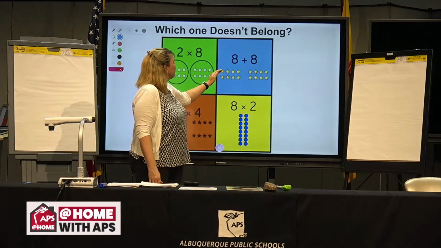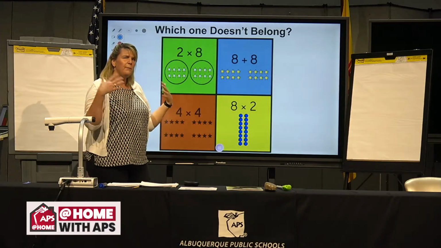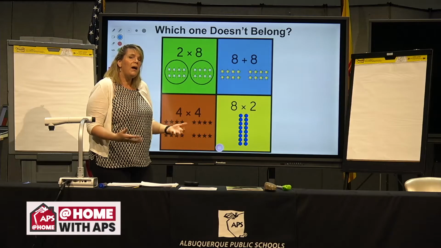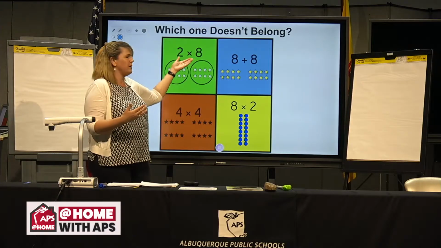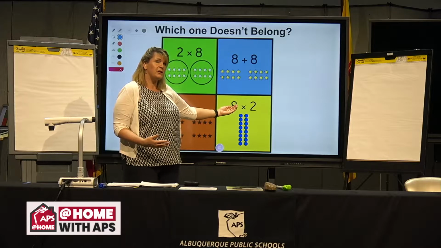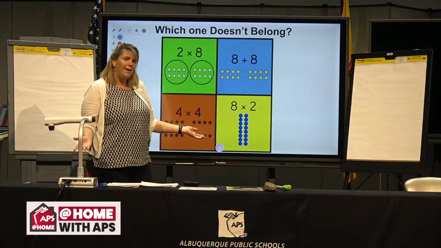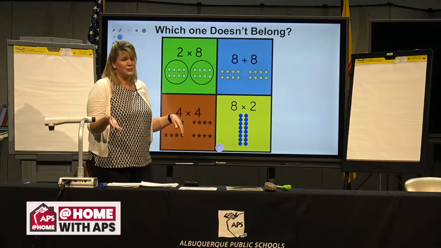I can also see repeated addition, okay? And I see that multiplication sign. So I'm kind of thinking this is talking about multiplication. What I would like you guys to do is think about which one does not belong. It could be any of these squares in these boxes or sections. Which one doesn't belong and why? I have a couple for you, but I'd like to also hear your ideas first too.